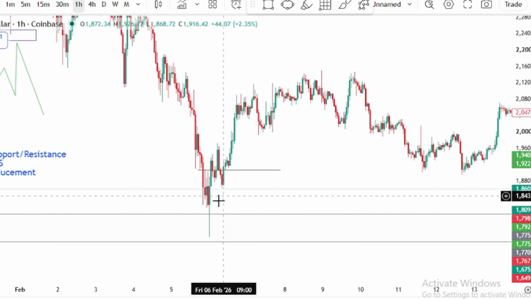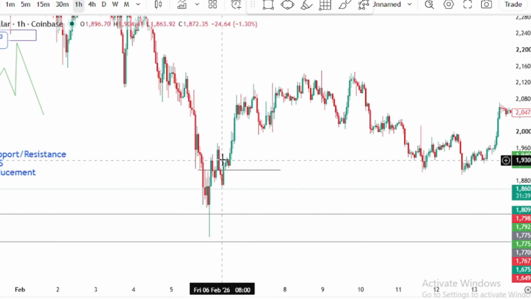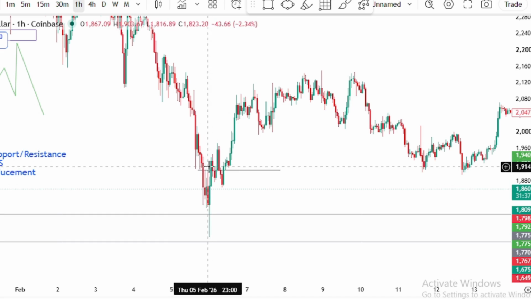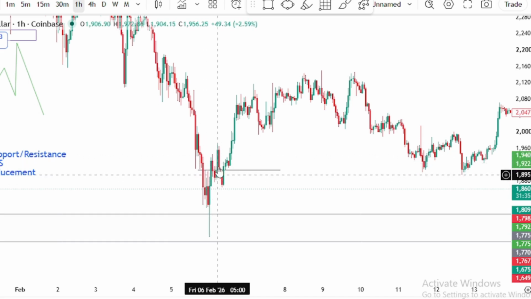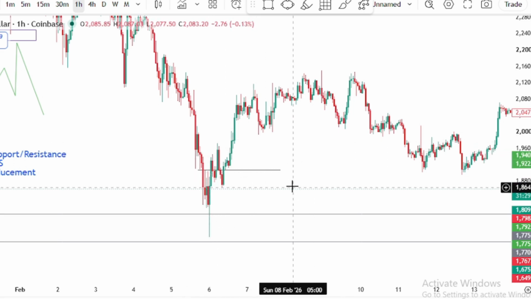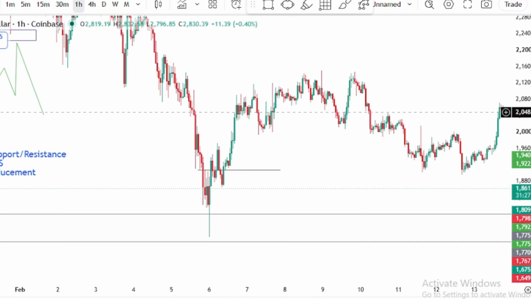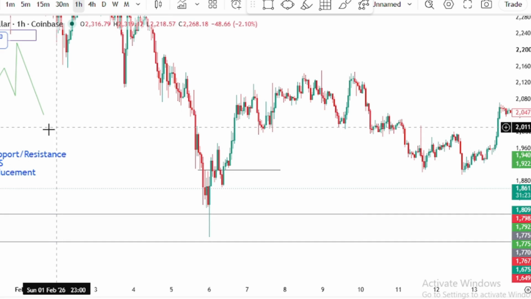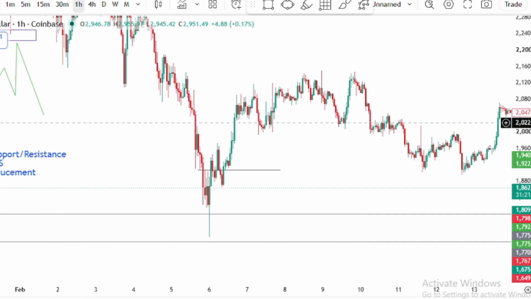So price pulled back and took out the lower high and created inducement, created break of structure. Once this happens, we target the next order block or nearest POI.